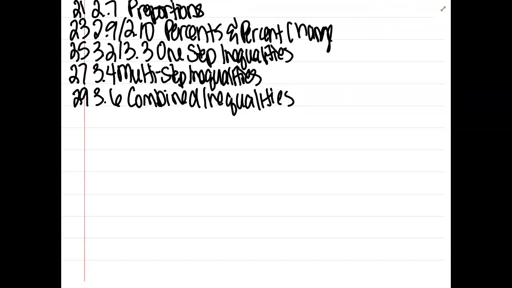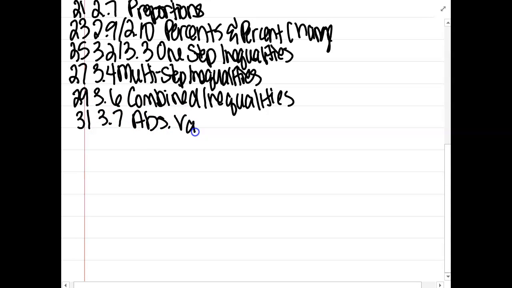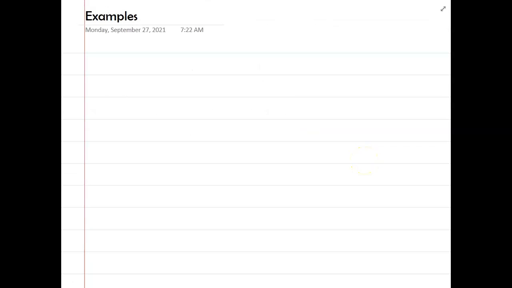Okay, let's get this glued into page 31. This is 3.7, and we'll call this absolute value equations. When solving absolute value equations or inequalities, this is going to be true for what we do tomorrow.